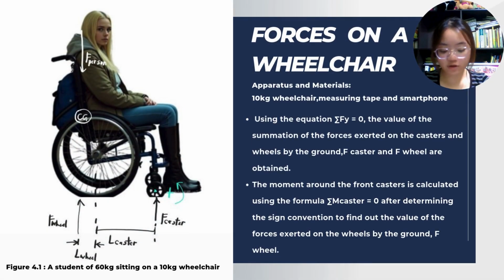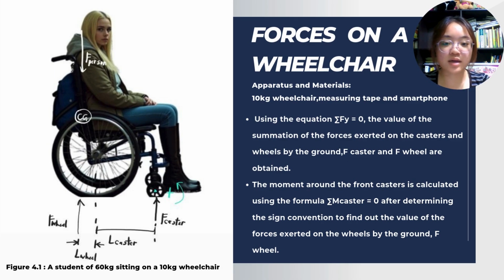Okay, so let's focus on the methodology, 4.1, which is the forces on the wheelchair. Through figure 4.1, you can notice a student of 60 kilograms sitting on a 10 kilogram wheelchair. This is the force diagram that I drew here.